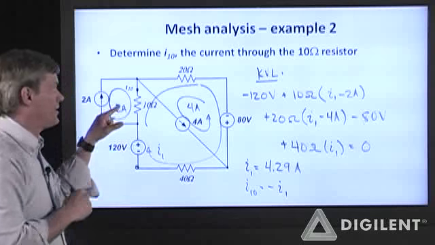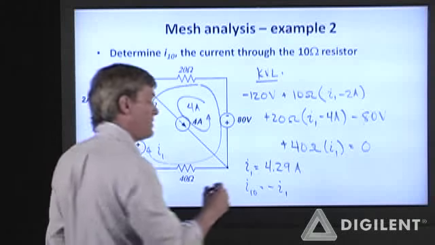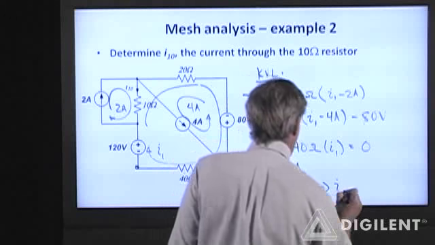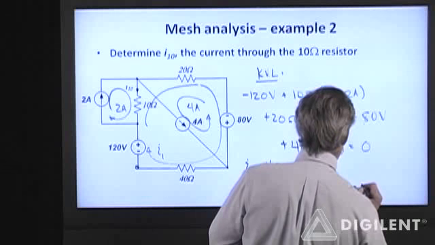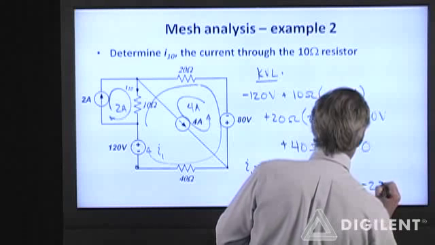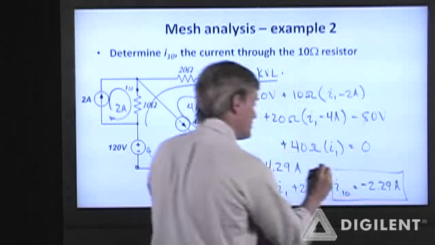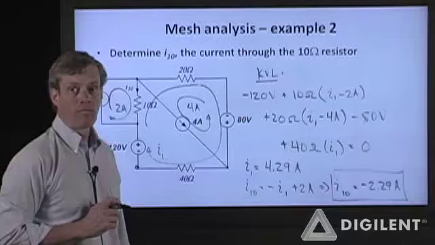This 2 amp current is going in the same direction as I10 through this resistor, so it becomes a positive contribution. So I10 is minus 4.29 plus 2, which is minus 2.29 amps. So the current is actually going upwards in this leg here.